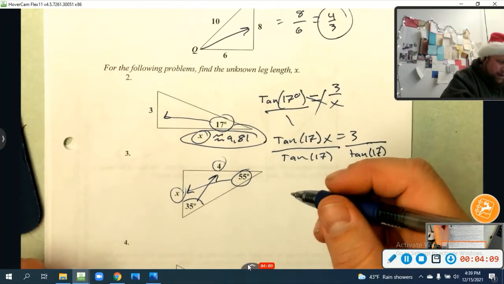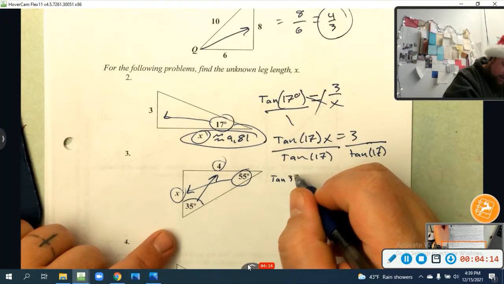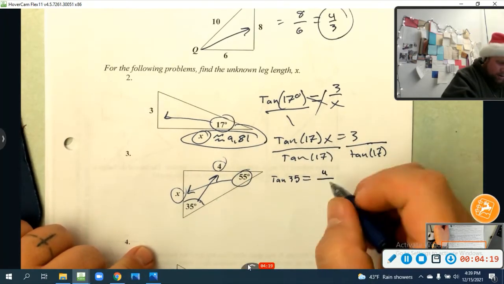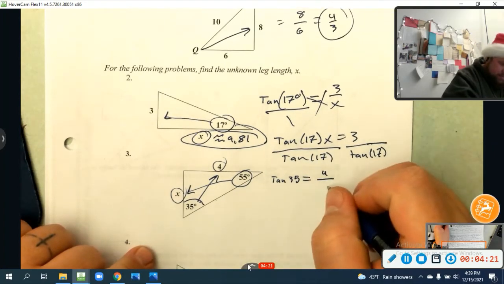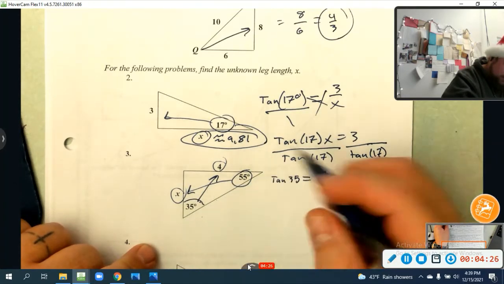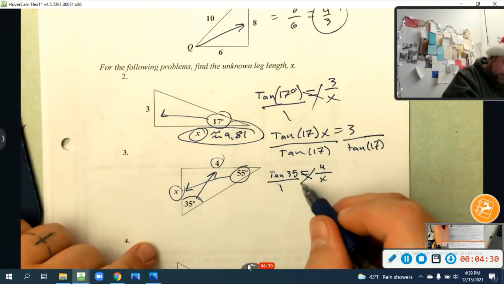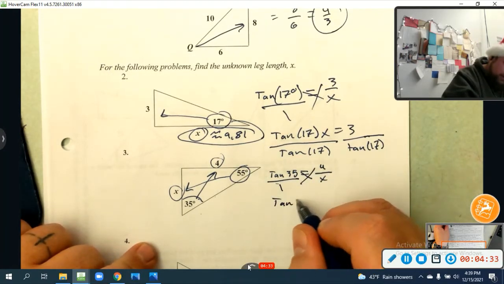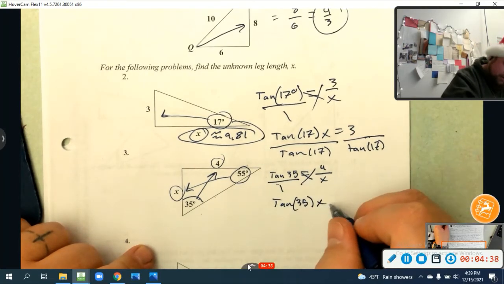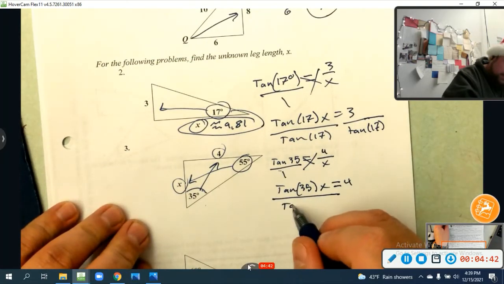It really doesn't matter. I'm going to use tangent 35 is equal to my opposite, which is 4, over my adjacent, which is x. Then I'm going to cross multiply, so I have tangent 35 times x is equal to 4. Divide both sides by the tangent of 35.